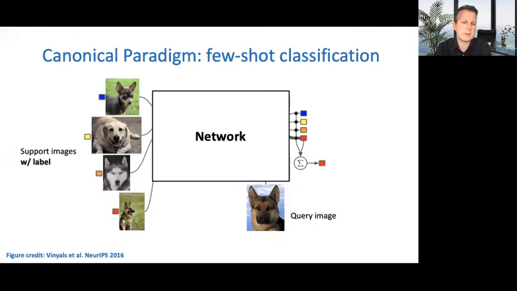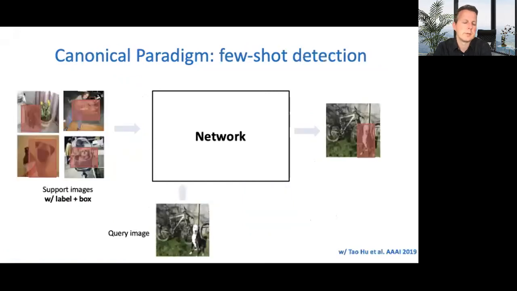The canonical paradigm is to pre-train a network and then provide a few labeled examples to classify the unknown object in a query image. This can be easily extended to few-shot detection, so not only classify what object is in the query image, but also localize its bounding box or its pixel segmentation.